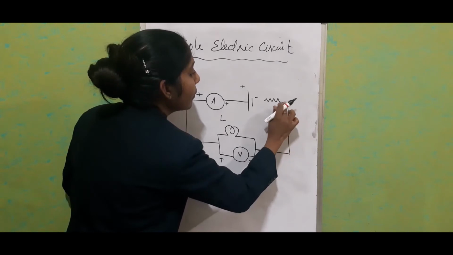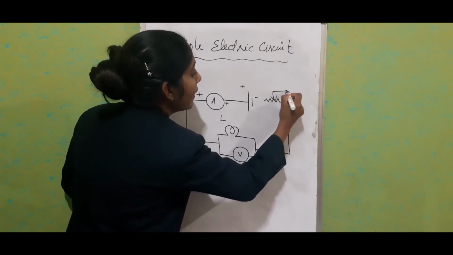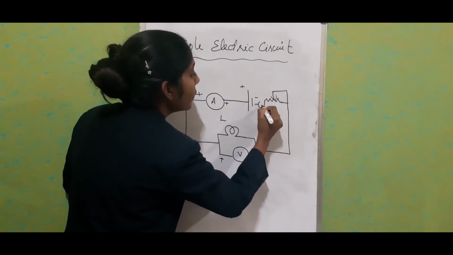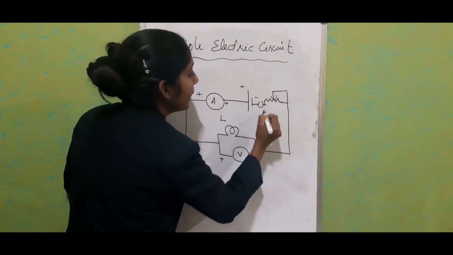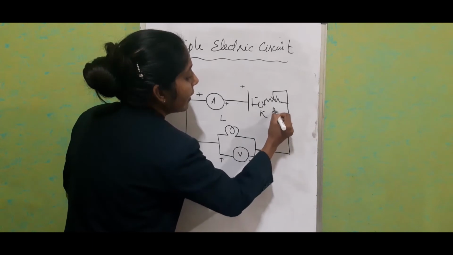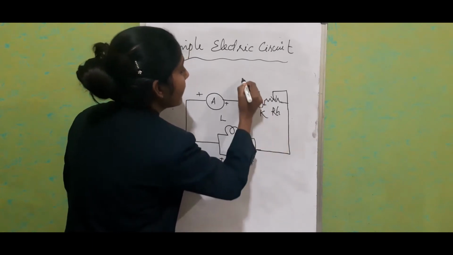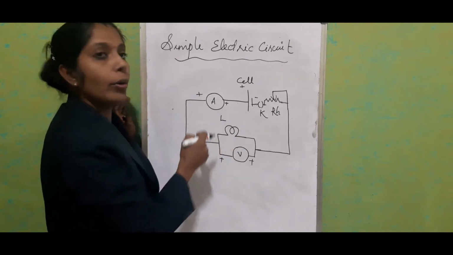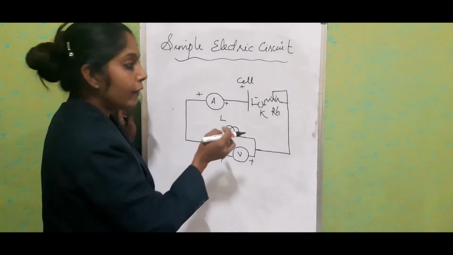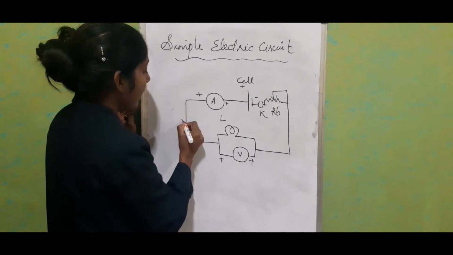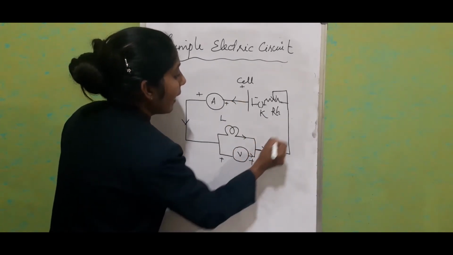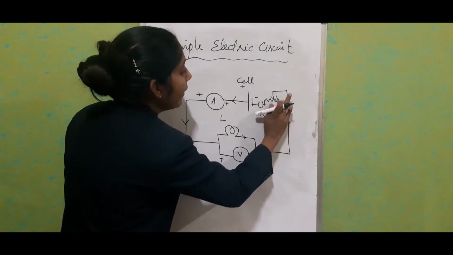The rheostat is going to connect using a key. Key, rheostat, cell, ammeter, voltmeter, load. And how can we represent the current flow? From positive to negative is the current flow.